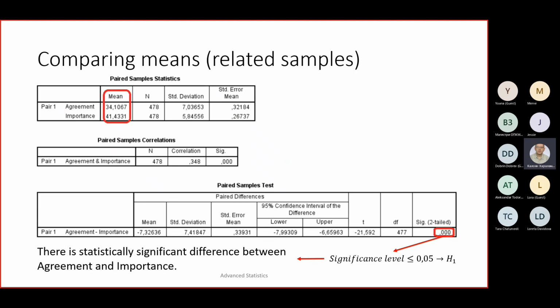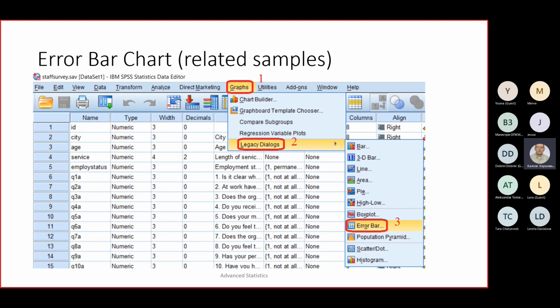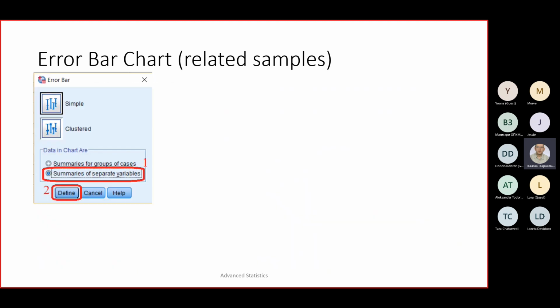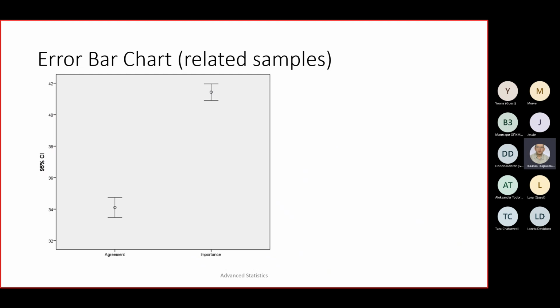And again, in PSPP, there are not graphs, but in SPSS, there is a graph, again error bar, and again points represent means, and whiskers represent errors.